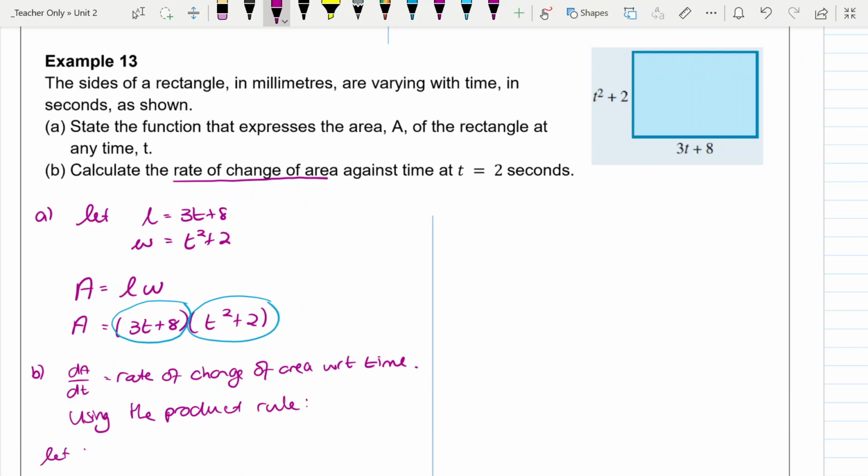we're now going to let u equal 3t plus 8, v equal t squared plus 2. u dashed will be 3, and v dashed is 2t.